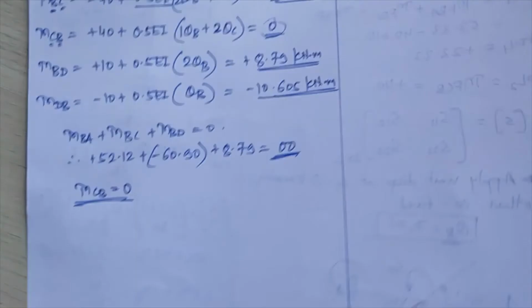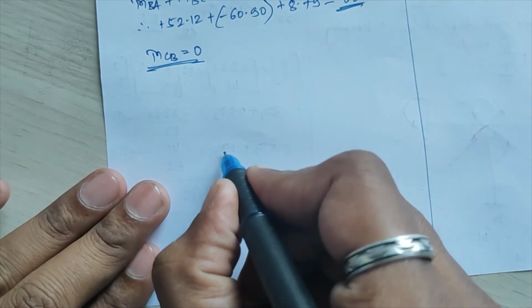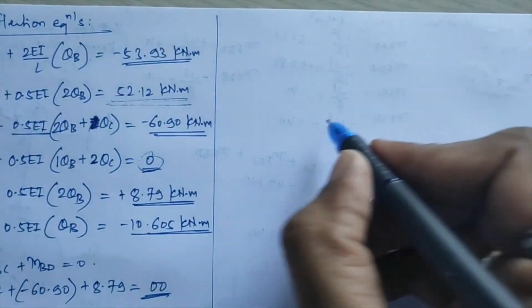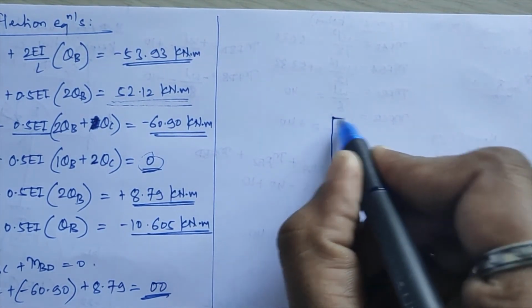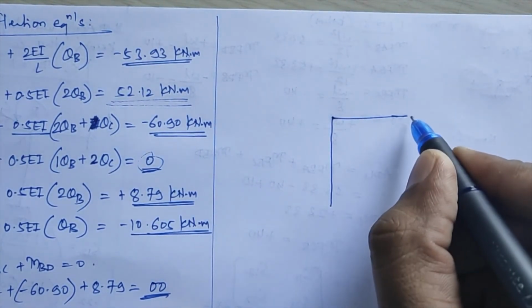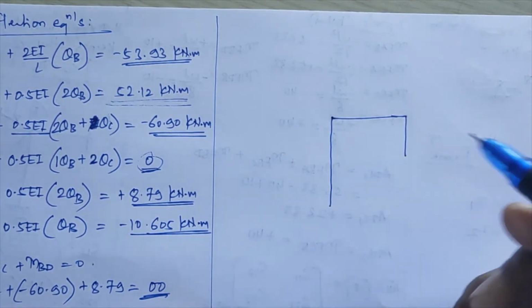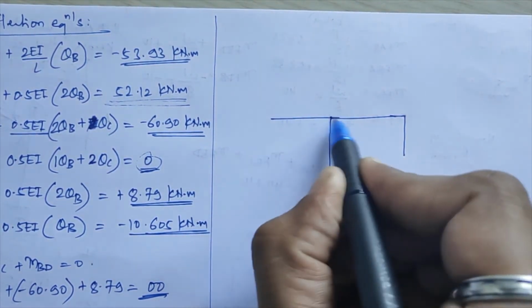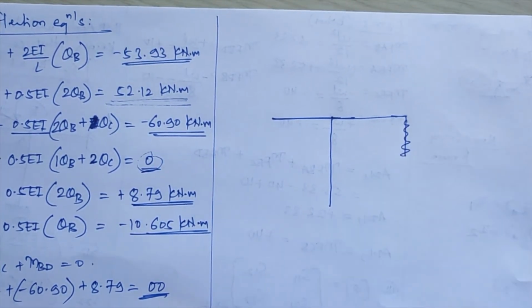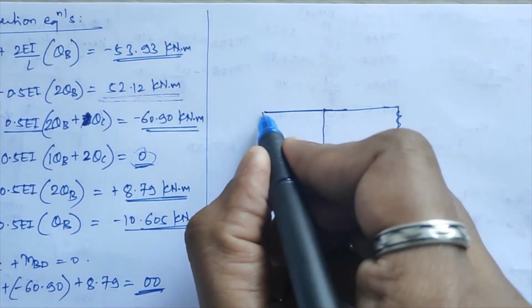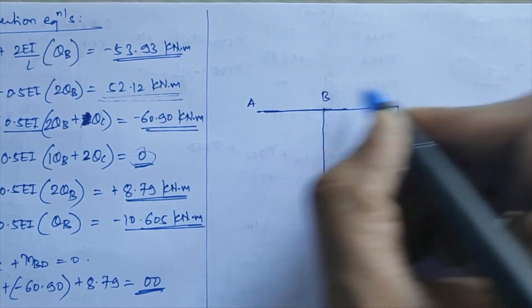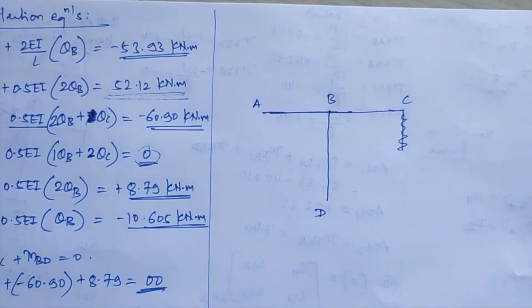Now we'll try to draw the BMD by superposition here. Okay, here I'll draw so you can see the moments properly. This is my A, B, C, and here I am having D over here.